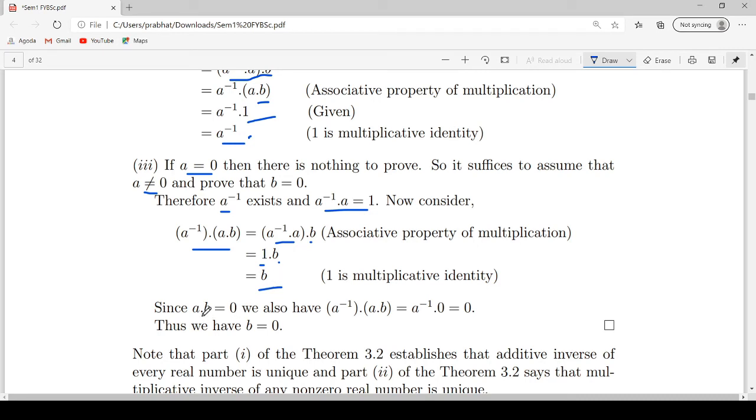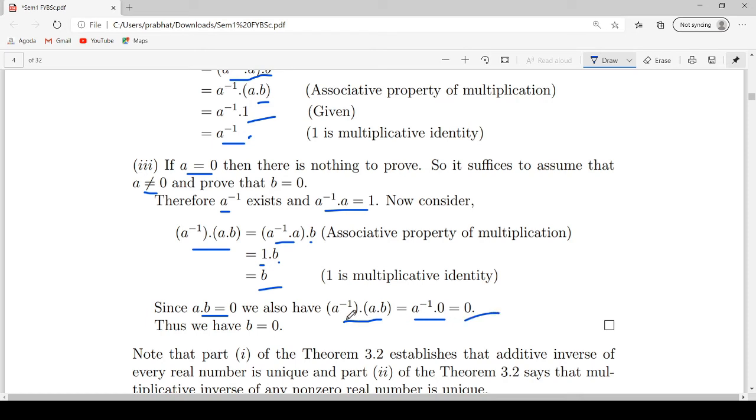But what you are given is A dot B is equal to 0. Therefore, A inverse into A dot B is equal to A inverse dot 0. But we have proved earlier that any real number multiplied with 0 gives you 0. Therefore, A inverse into 0 is equal to 0.